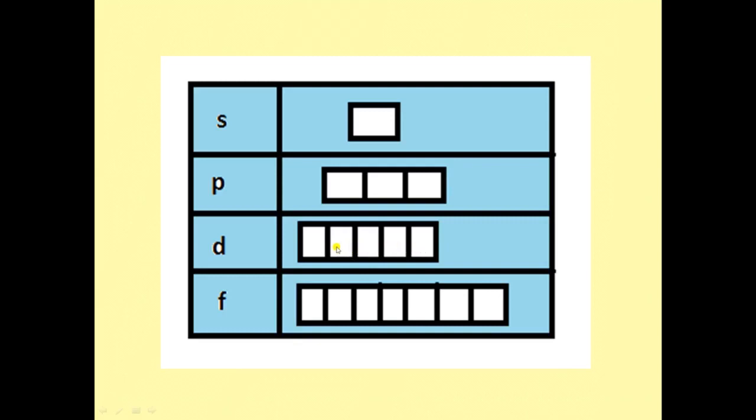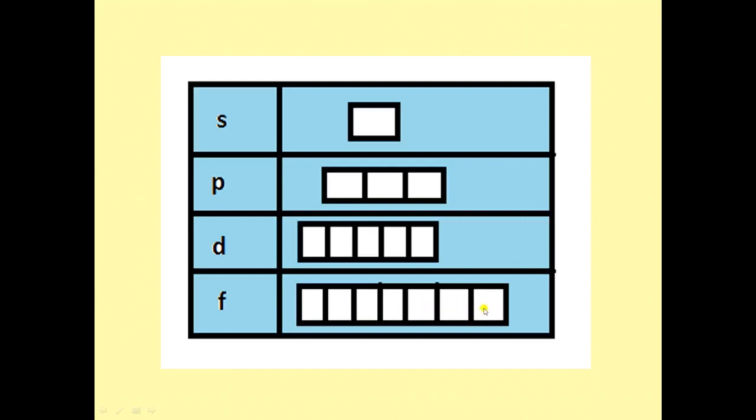After that pairing will take place and the sixth electron will come in this orbital. The 7th, 8th, 9th and 10th electrons will come here. In f orbitals, the first electron will be filled here, then second, third, fourth, fifth, sixth, seventh, and then the 8th electron will come here. Then 9, 10, 11, 12, 13 and then 14.